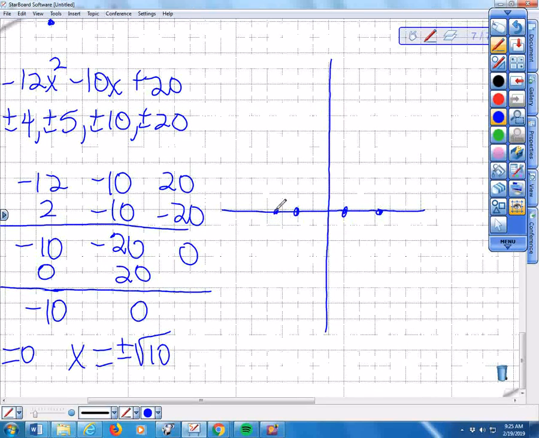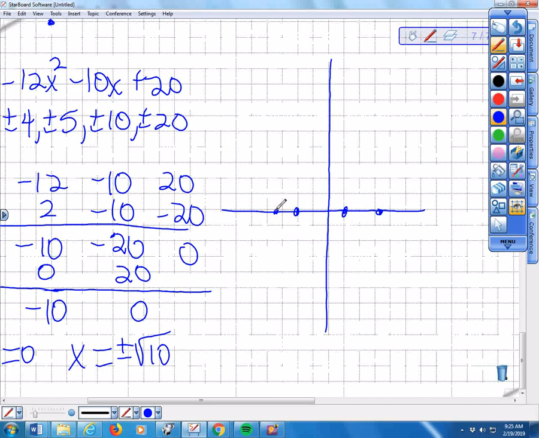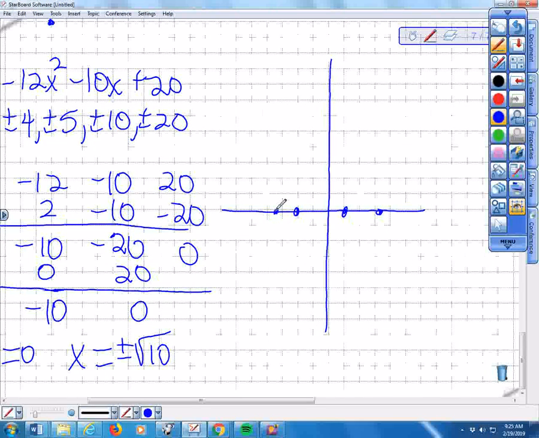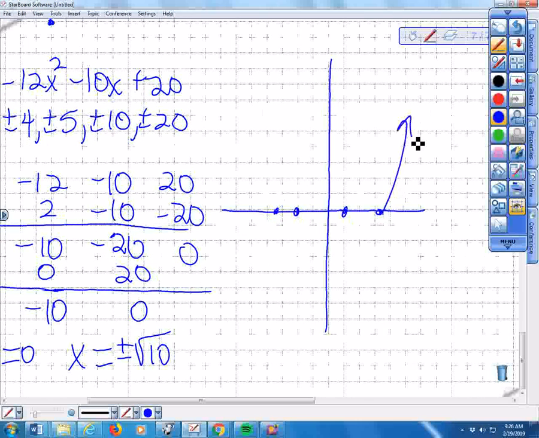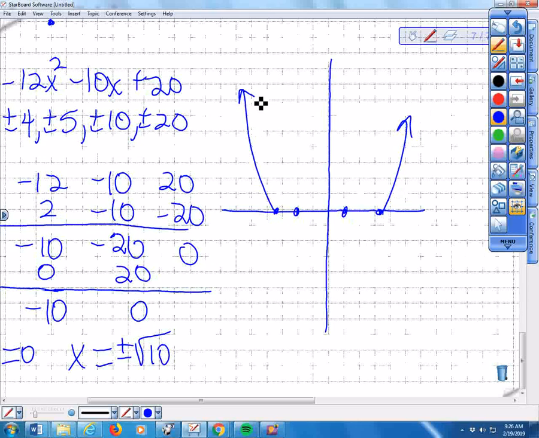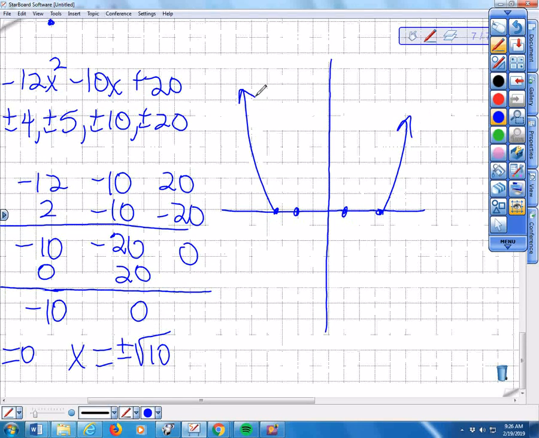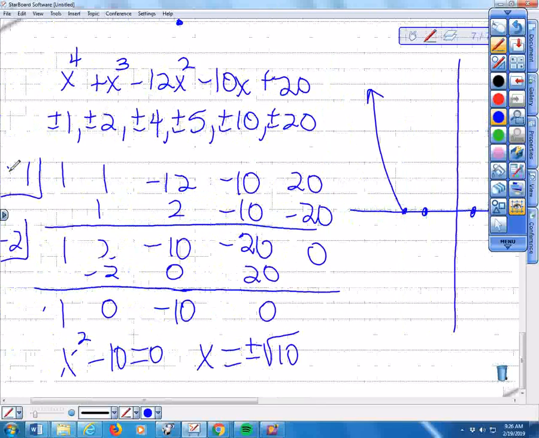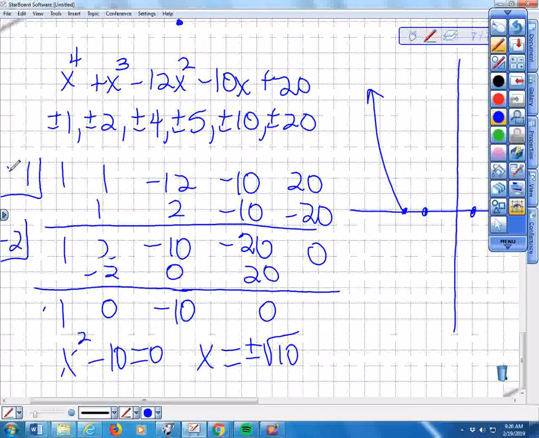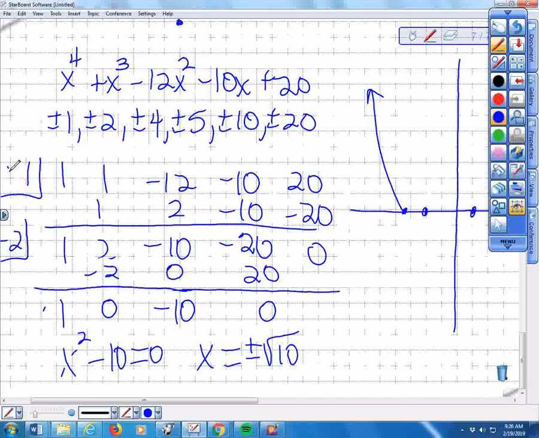What's the end behavior going to be? It's an x to the 4th. It's going to go up at the ends. Okay, so I know from here it's going to shoot up. From here it's going to shoot up. What is my y-intercept? How do you find the y-intercept?